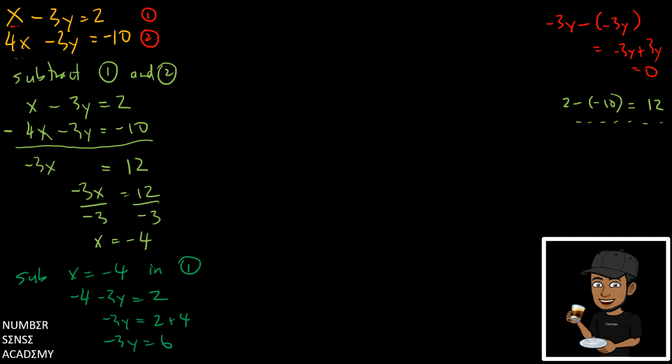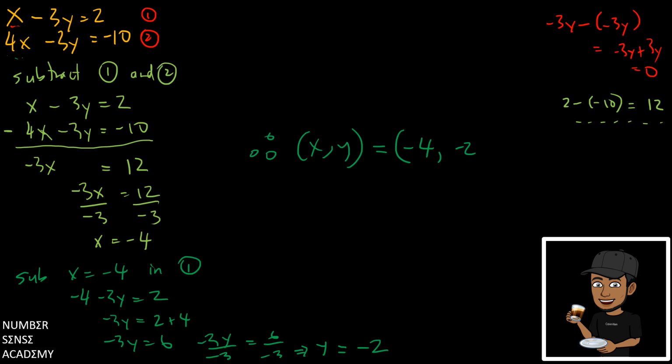And then divide, so negative 3y divided by negative 3 equals 6 divided by negative 3. And I end up with y is equal to negative 2. Therefore, the solution to the system, x and y, is equal to negative 4 and negative 2.